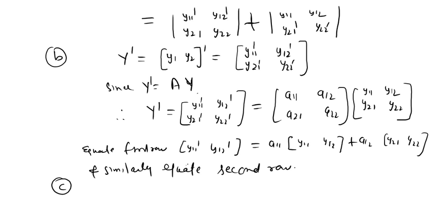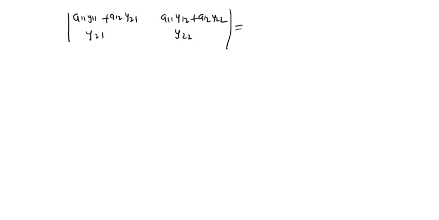Now part C. Using part A and B, I am proving part C. In part C I am writing the determinant with rows a11 y11 plus a12 y21, a11 y12 plus a12 y22, and y21, y22.